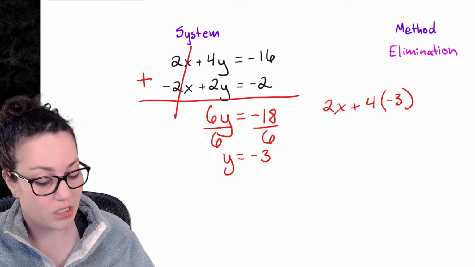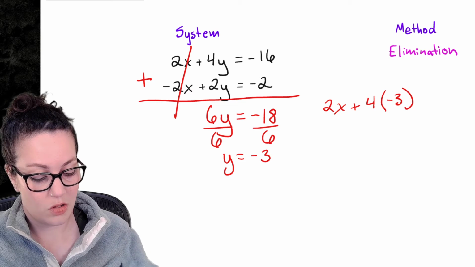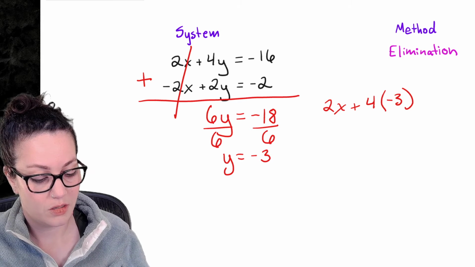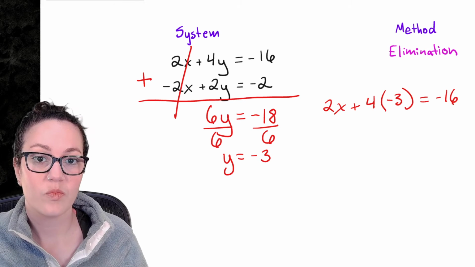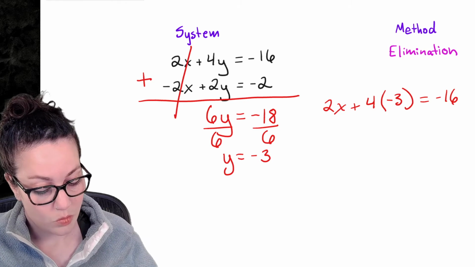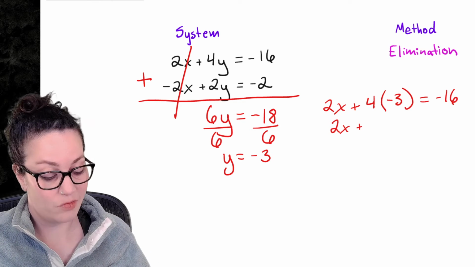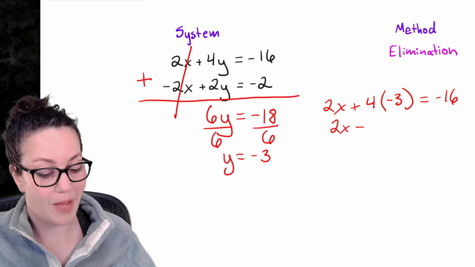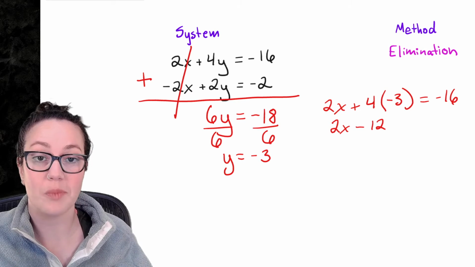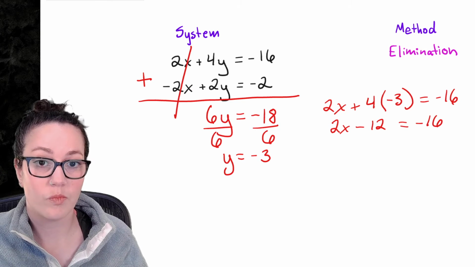And that should all equal, oopsies, that should all equal -16. So 2x plus 4 times -3 is -12. So I'm actually going to change this to a minus sign. So 2x minus 12 is equal to -16.